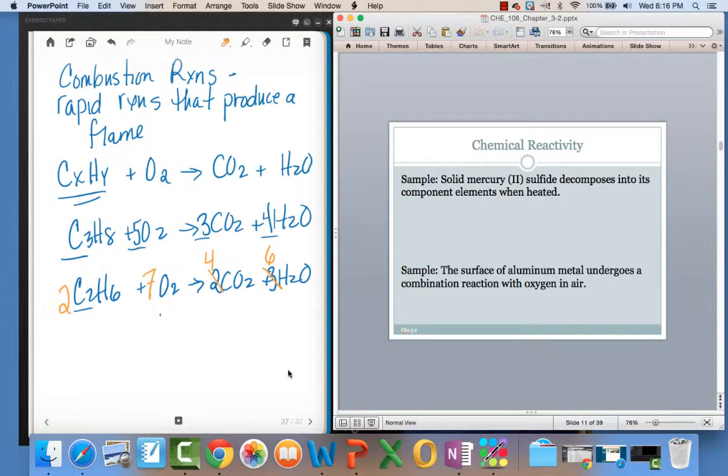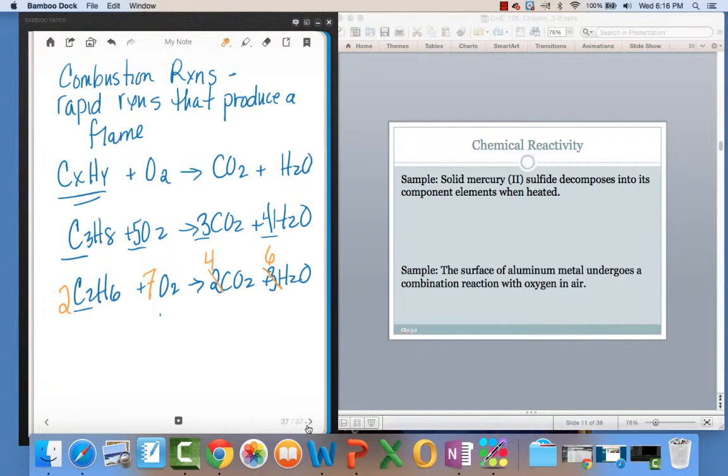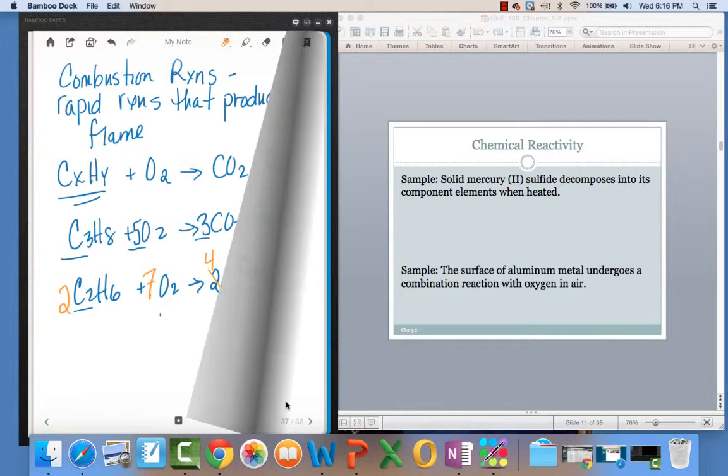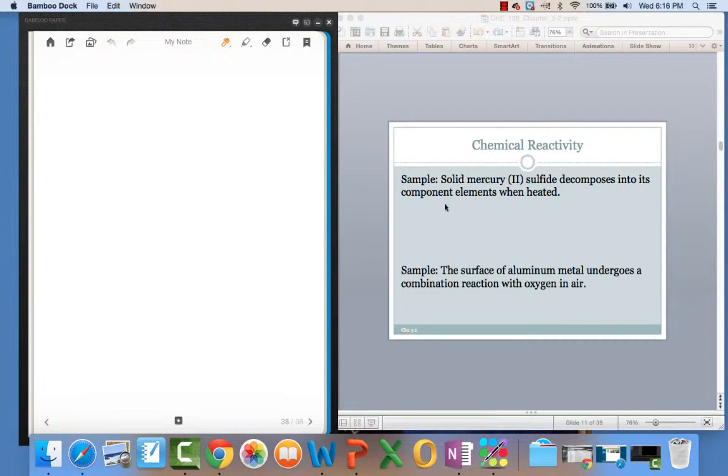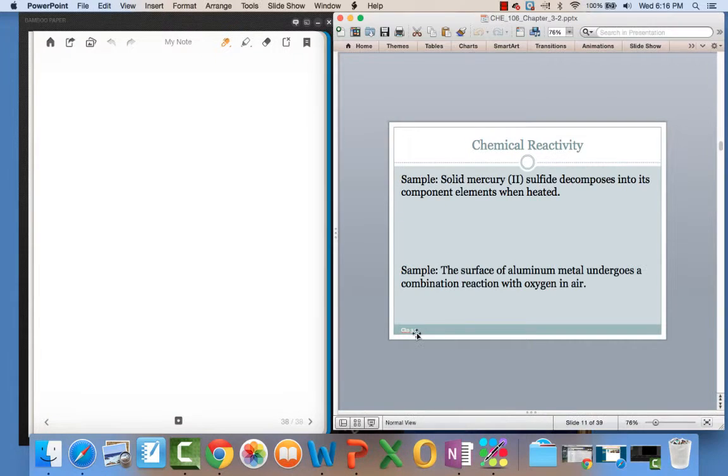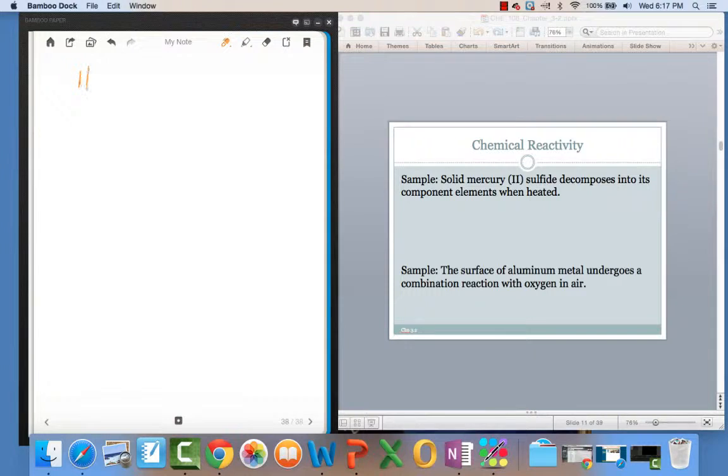So when I talk about reactions, as I gave the example today, this is why you need to know your polyatomic ions. When I say solid mercury 2 sulfide decomposes into its component elements when heated, you need to be able to write a reaction. Mercury is Hg, I know it's Roman numeral 2, sulfide is sulfur, so that's -2, so it's simply HgS, and it is a solid.